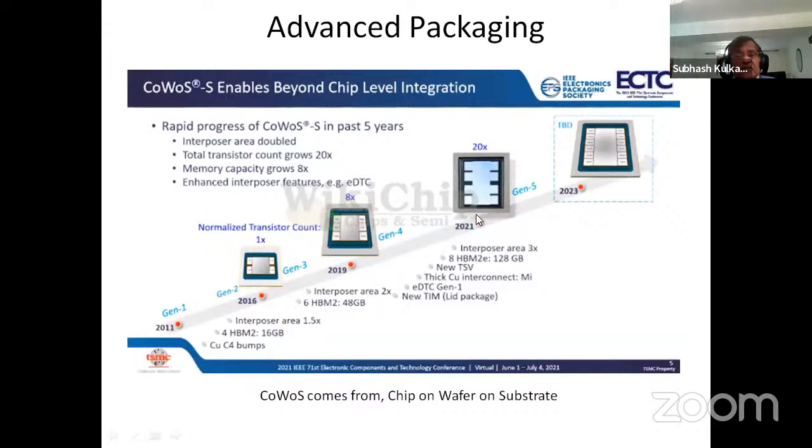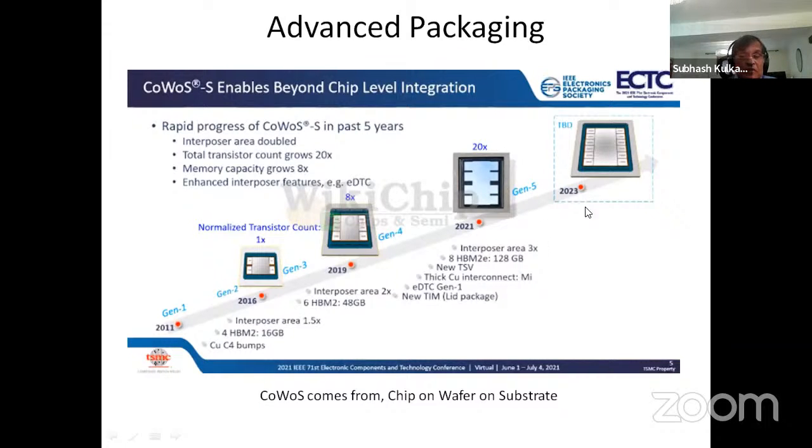Now, this is the evolution of the packaging. In 2016, if you had the normalized transistor count of 1, you were able to bring it to 20 in about 5 years, 2016 to 2021. And basically, this is the same package I described using interposers, new TSV process, high bandwidth memory chips with copper interconnects, etc. And it's going to go further.